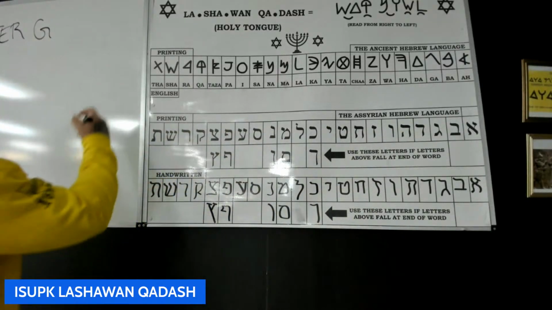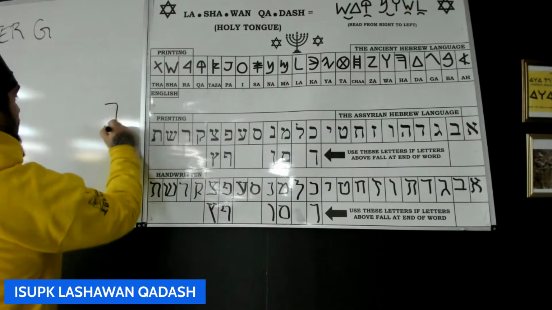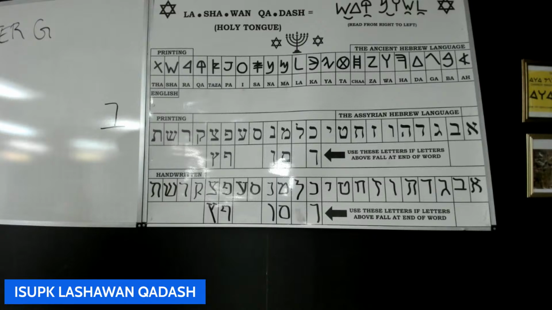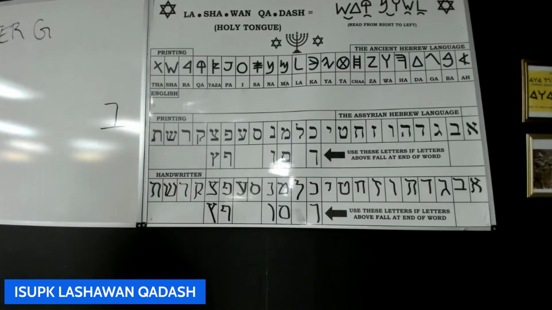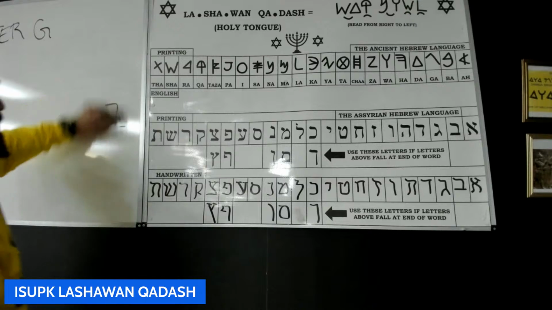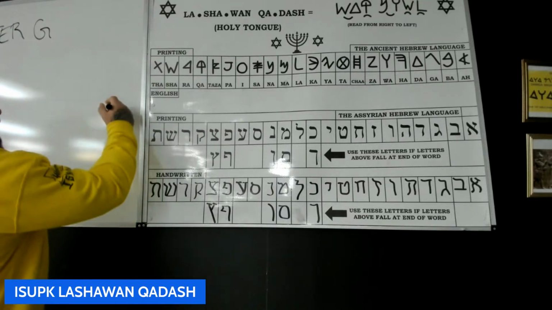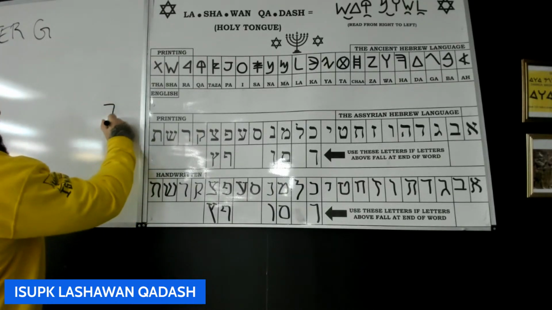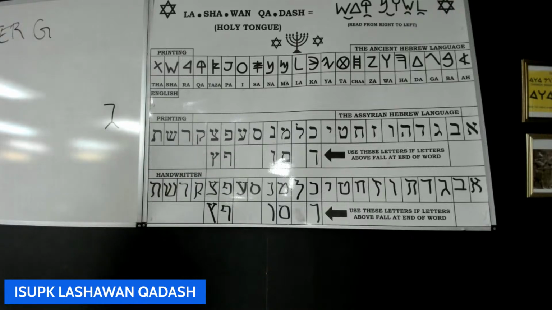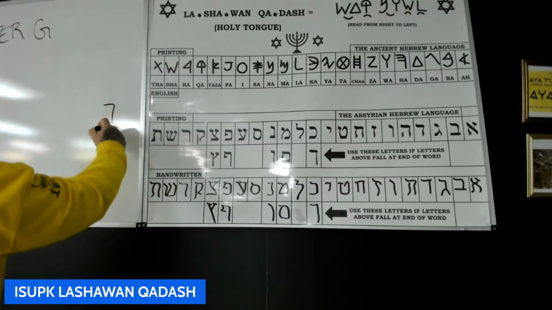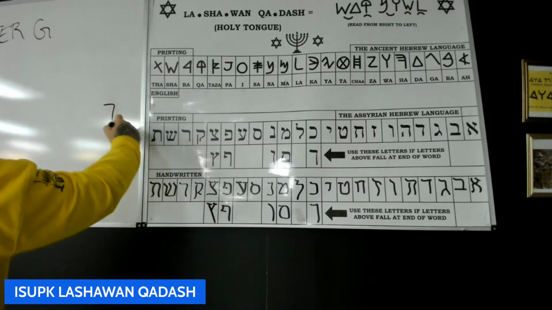All right. And this is Ba. This is Ba. Ga is like a 7 with a little hill at the bottom.